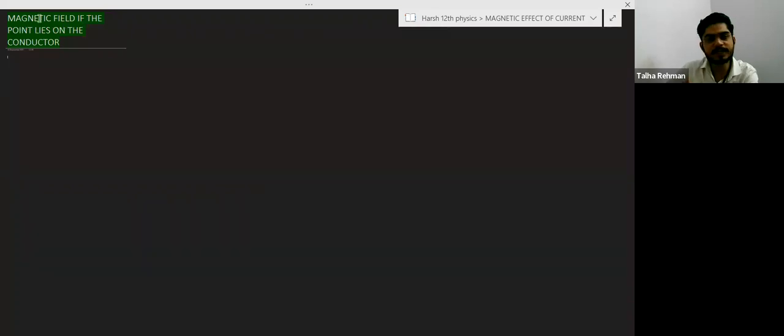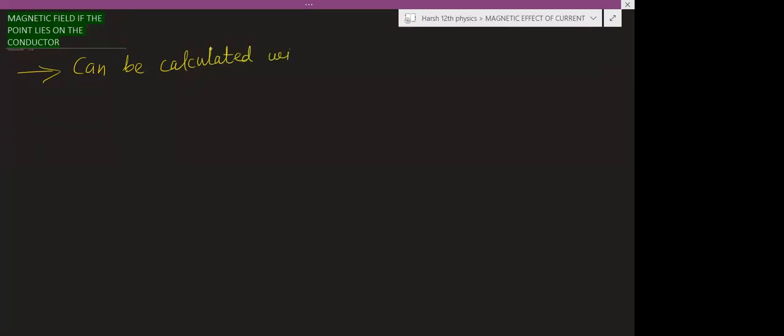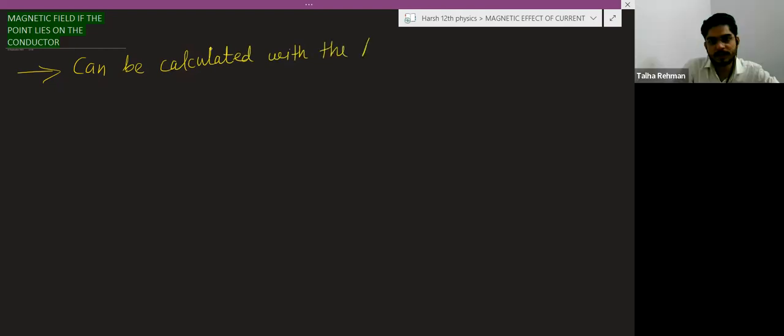Another case: if you want to find the magnetic field if the point lies on the conductor, for this case I will write a statement. Here this cannot be calculated with the help of Biot-Savart law. This can be calculated with the help of Ampere circuit law. We will discuss Ampere circuit law later.